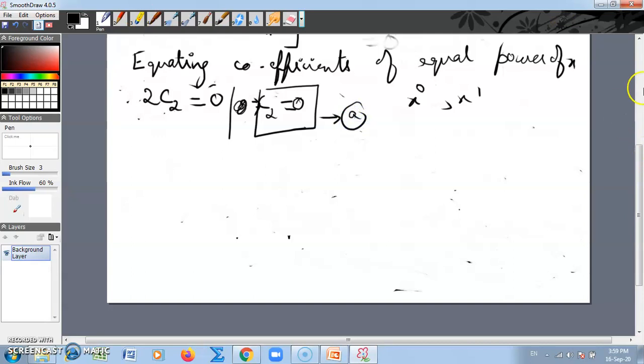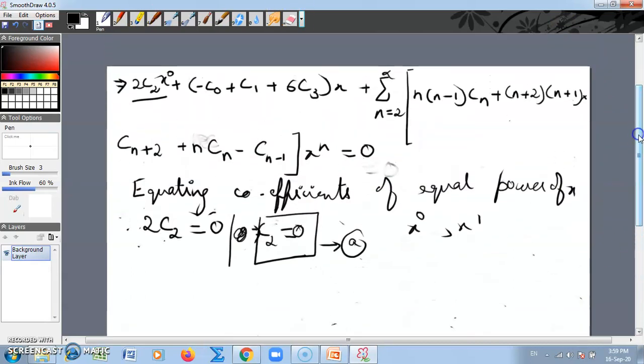Now let us go to comparing the next power of x, that is x to the power 1. So x to the power 1 is what? This one. And do we have this on this side? No, we don't.